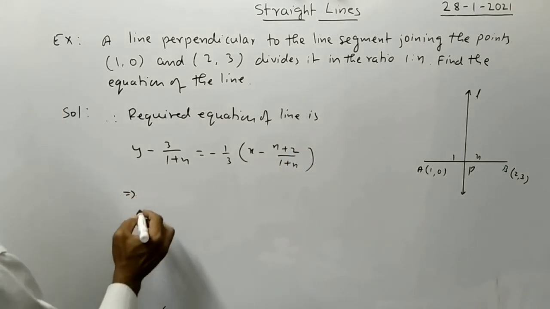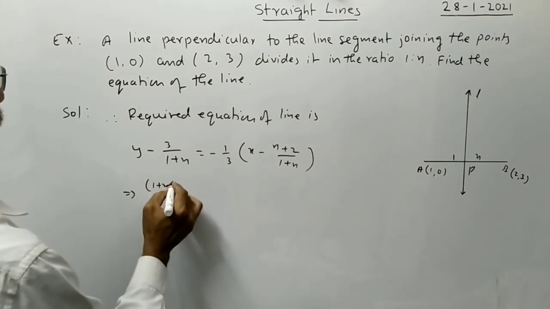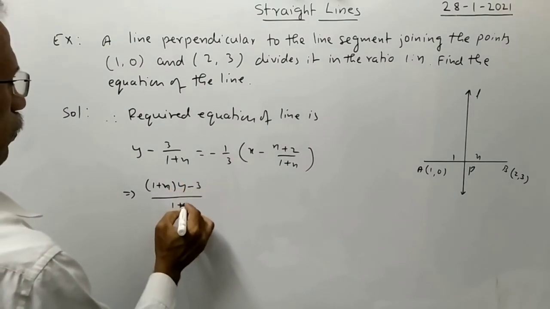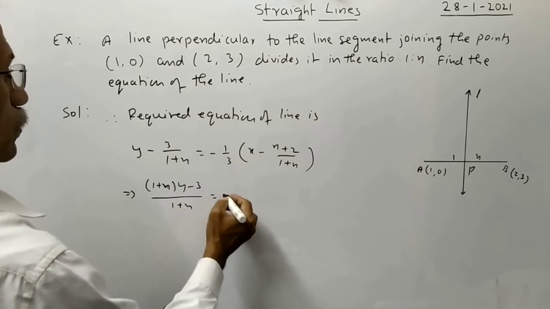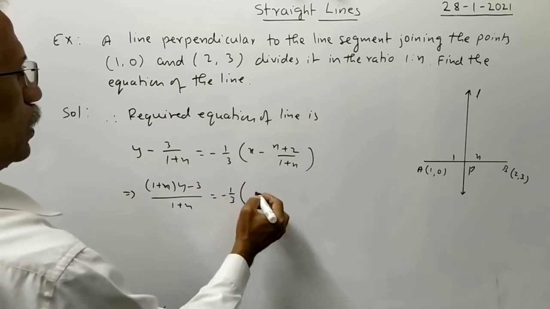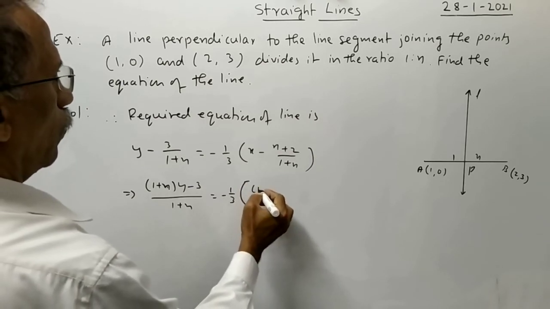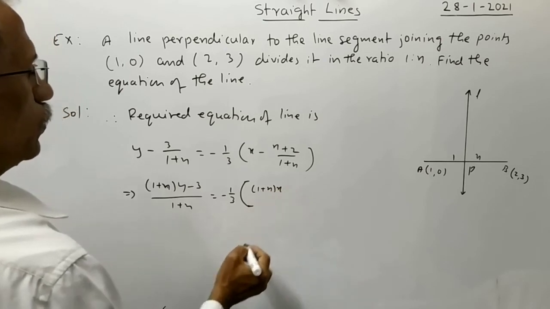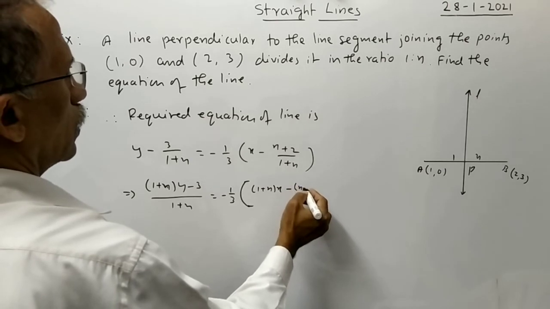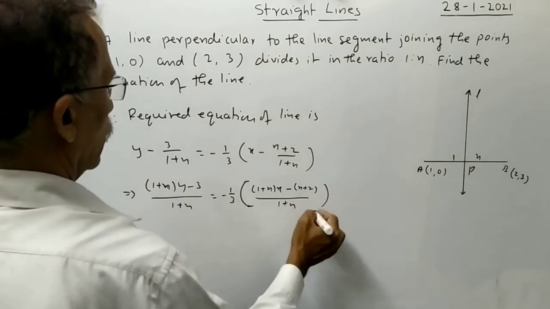This implies 1 plus n into y minus 3 divided by 1 plus n is equal to minus 1 by 3 into 1 plus n into x minus n plus 2 divided by 1 plus n.